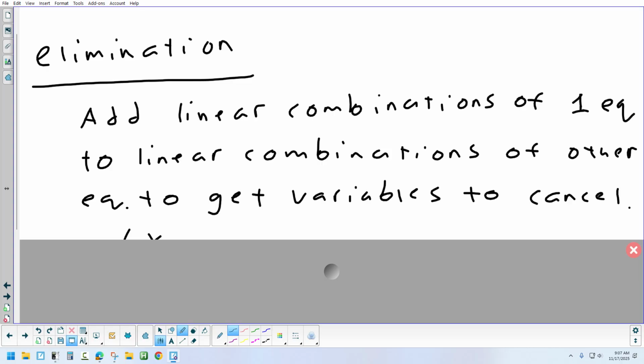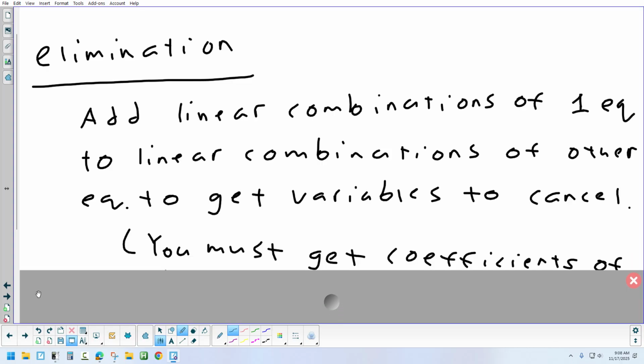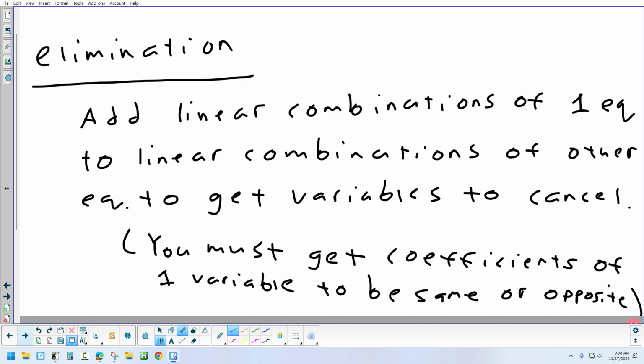Right? That's the goal. We're going to add one equation to another equation to try to get variables to cancel. The way we're going to do it is we're going to try to get coefficients to be opposites.